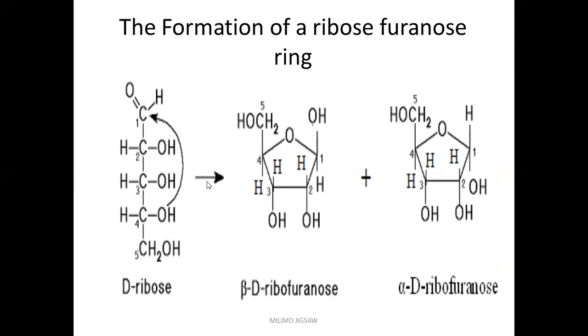So how do they form rings? Remember we said that the carbonyl group and one of the hydroxyl groups combine to form the rings. So for the ribose sugar, it is carbon 4 combined with carbon 1.